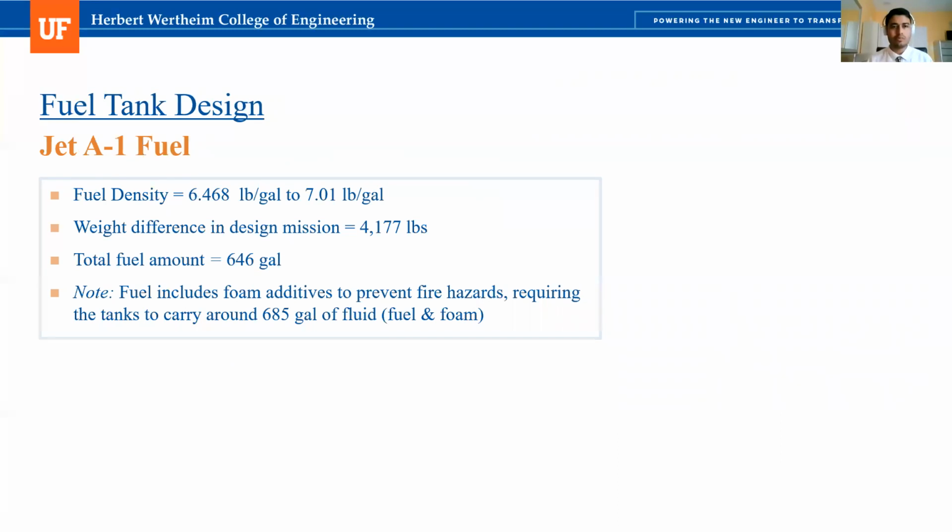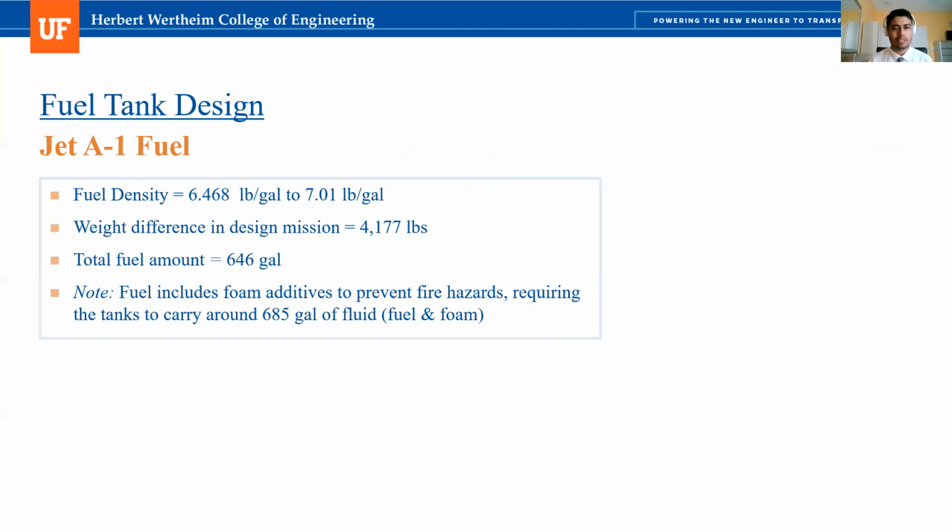So before talking about the design of the fuel tanks, I wanted to take the time to talk about the fuel's properties that were important in determining how much fuel the aircraft should carry. As you see in this slide, the fuel density ranges from a lower value to a higher value.